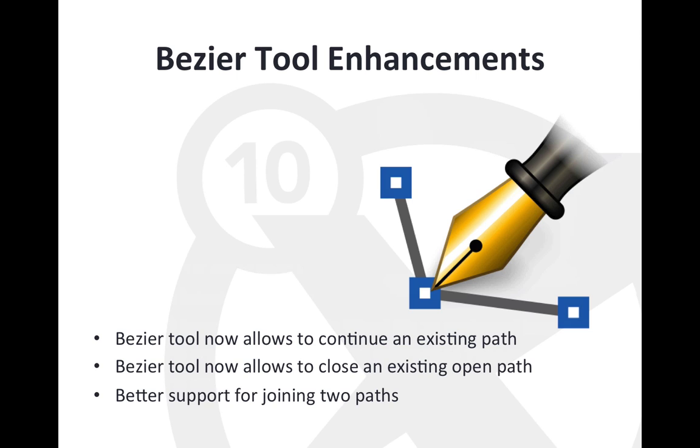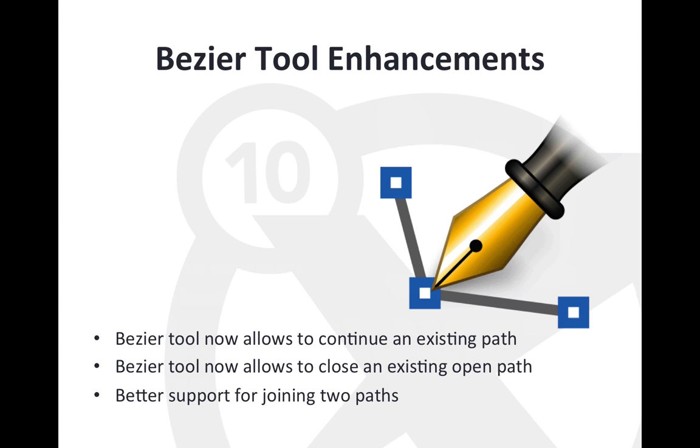Bezier tools are extremely important when it comes to page layout, obviously, and we've had some strong Bezier tools in QuarkXPress for a number of years. They had a big upgrade in version 8 to bring them far more in line with standard illustration packages, and we had a few more things we wanted to close off there. So 3 things here: the ability to continue an existing path, to close an existing open path, and better support for joining 2 paths.